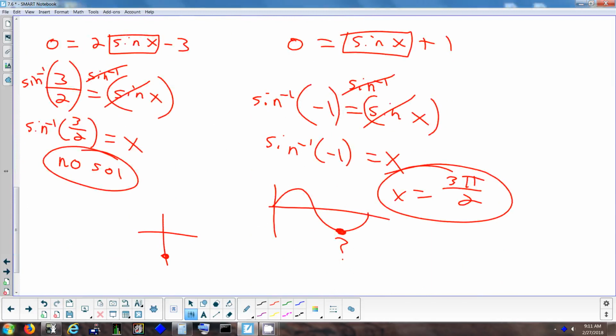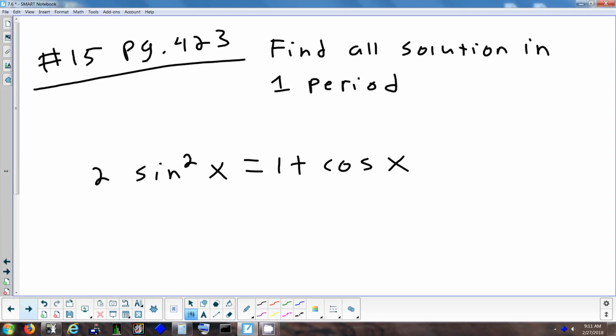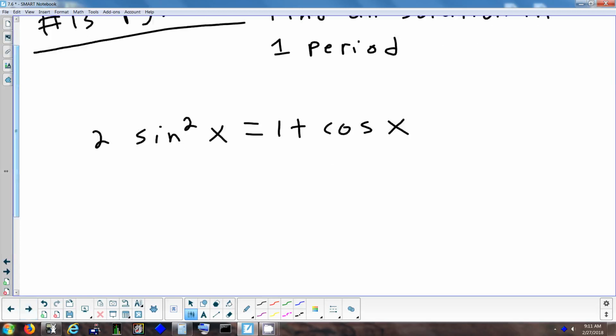If you get a point that's on an axis, you're done. You don't have to worry about this ASTC thing. It's when you get a point that's not on an axis, then we got to start thinking about all that stuff. Okay? In the 180 minus, 180 plus, but not here. All right, let's try this one.